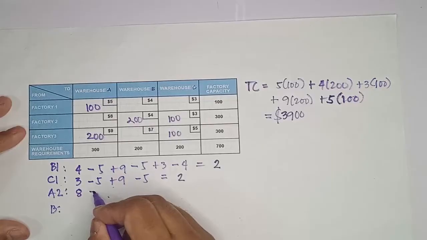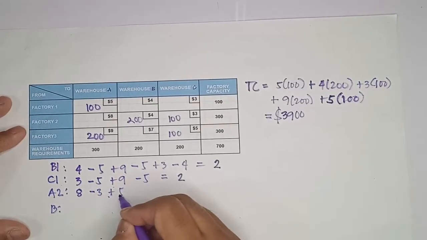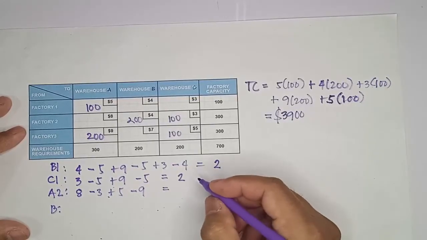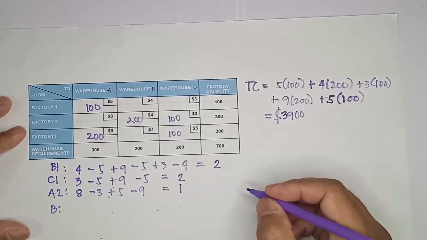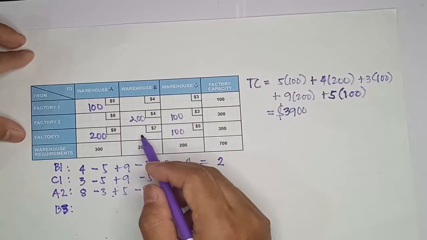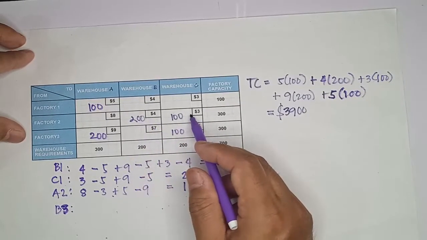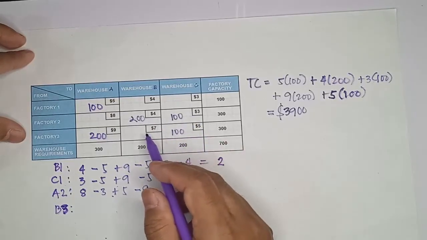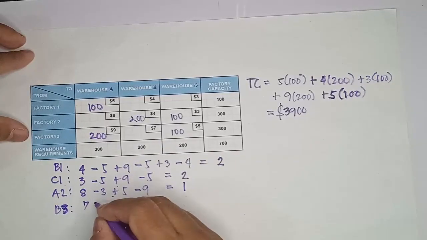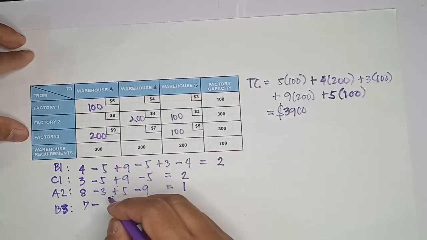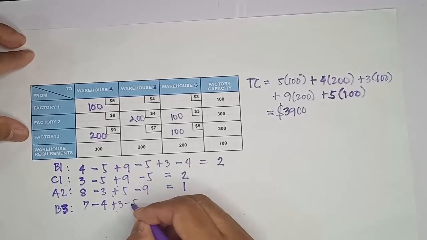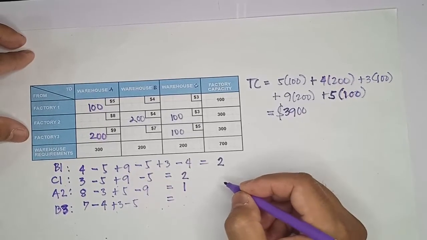That's 8 minus 3 plus 5 minus 9, equal to 1. And the loop for B3 is B3 to B2 to C2 going to C3 back to B3. That's 7 minus 4 plus 3 minus 5. This is equal to 1.